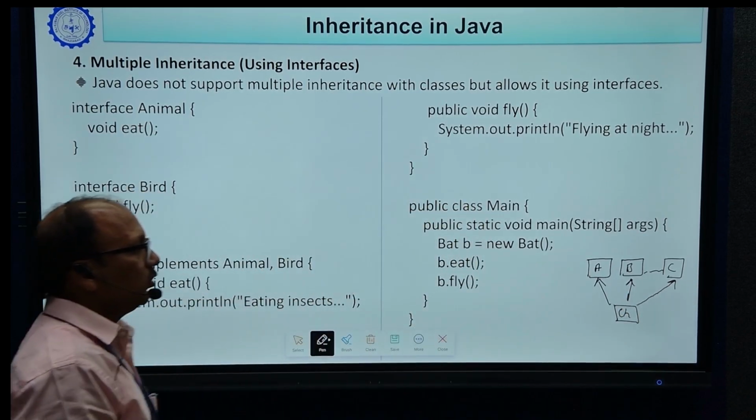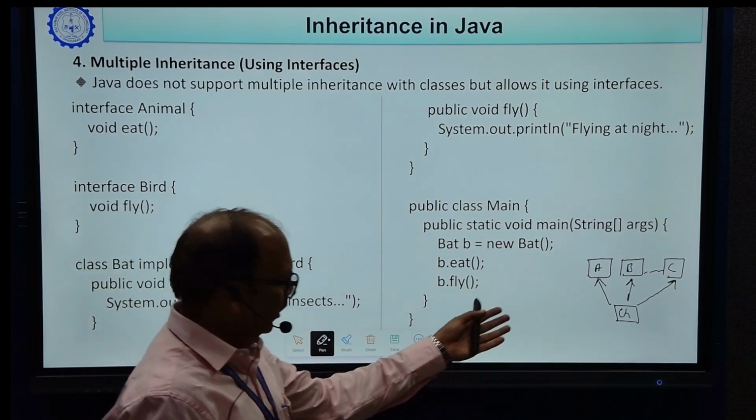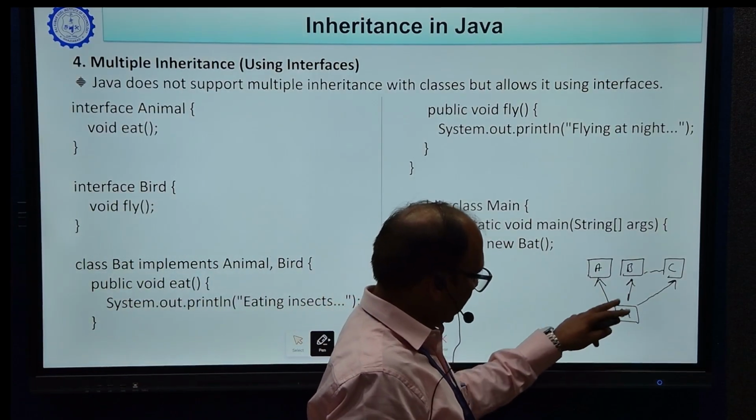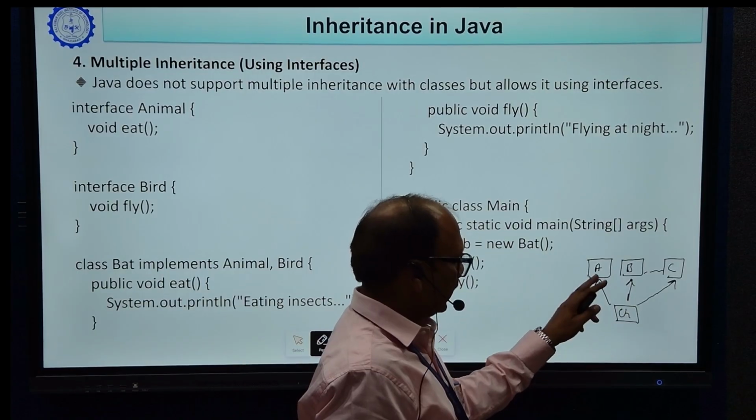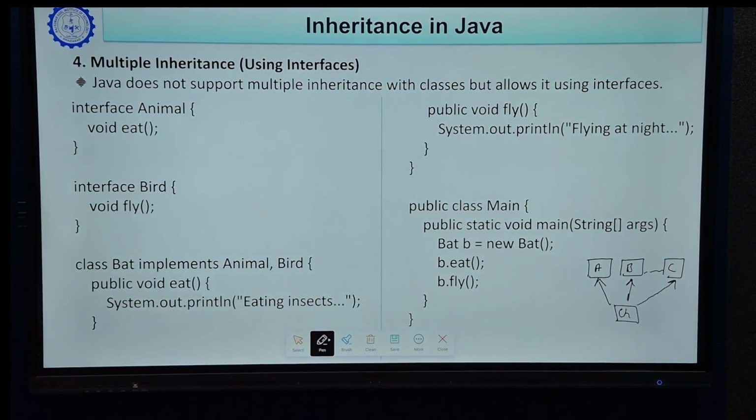So the child class is having parents A, B, and so on. That means the child class is inheriting the property of more than one parent class, right? So this is the multiple inheritance.